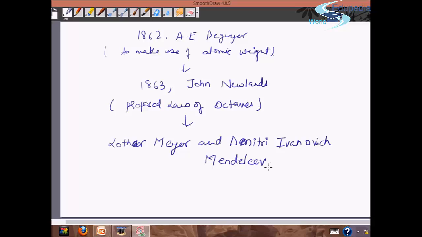Meyer in 1864 and 1870, along with the Mendeleev periodic table.